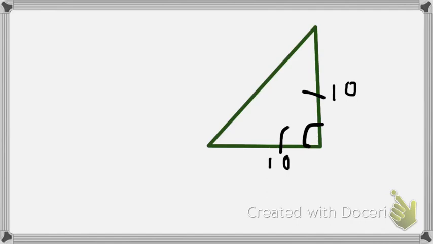And we want to find out what the hypotenuse is. Well, we know that the hypotenuse is going to be c. 10 equals a, 10 equals b. That looks like a 90 because I drew the a there.